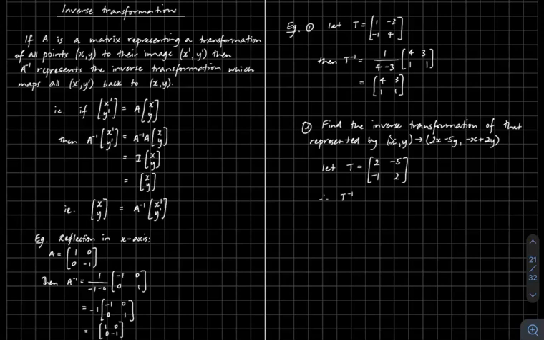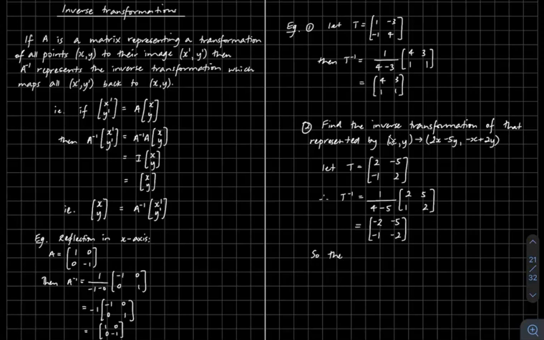Then we can find the inverse transformation matrix by taking the inverse of T. So what's that? 1 over 2 times 2 is 4 minus 5. Swap around the A and the D. Take the negative of the B and the C. So that's going to be 1 over negative 1, so basically everything in here is going to get multiplied by negative 1. So that's the inverse transformation matrix, and so we could write our rule like the question was phrased.